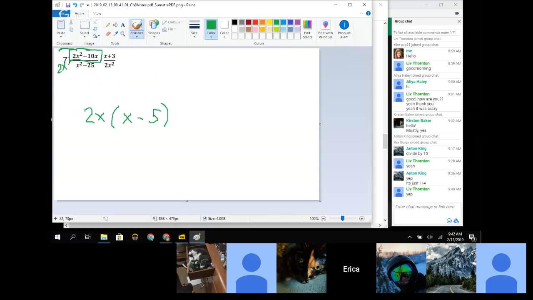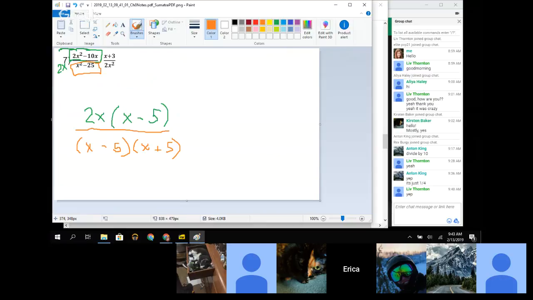We'll see. Okay, so now I'm going to work on the denominator of my first fraction. My denominator is x squared minus 25. Hopefully you know the pattern for that, right? And that is x minus 5 times x plus 5.